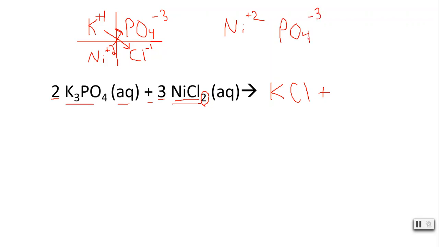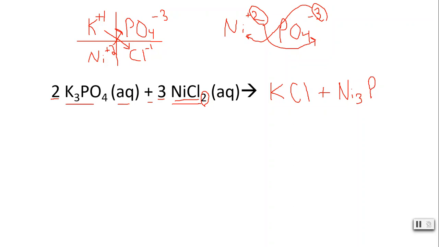When I put those ions together to form a balanced molecule, I can't just use one of each to get the charges to equal the same. I need to do the little crisscross here of the charges so that the numerical charge on one becomes the subscript of the other. So my product is going to be Ni subscript 3, and then PO4.